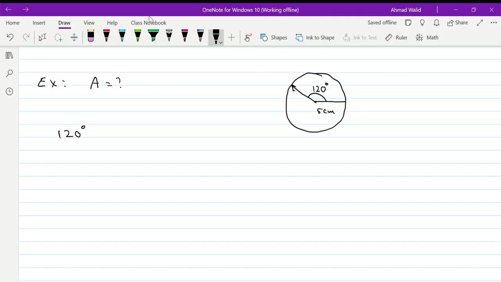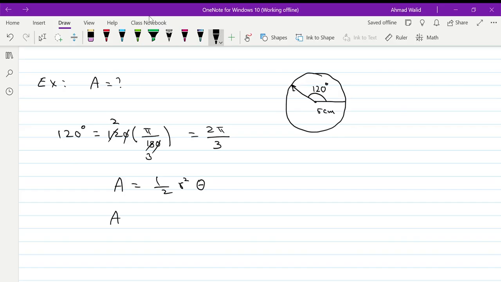120 degree equals 120 times pi over 180, which we did before. Cancels out. Divide by 6, 2 times, 3 times. It means 120 degree is 2 pi over 3. Now, the area sector formula, A equals 1/2 of r squared theta.